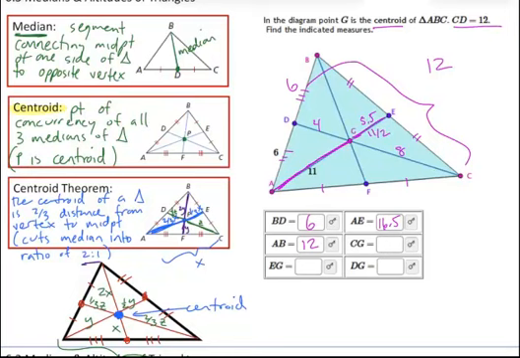CG, C to G, we saw was 8. E to G here is 11 halves, or 5.5. And then finally, DG is this length from here to here, which we calculated as 1/3 of 12, or 4. And so those are the measurements that you're looking at for the centroid.